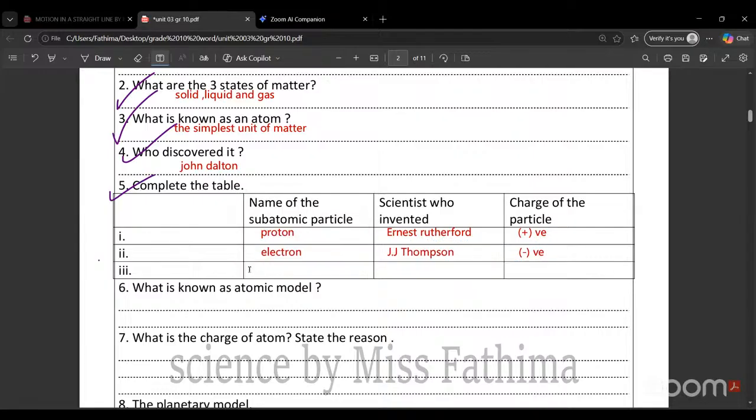Right? Then comes the neutron. Who invented it? James Chadwick. The charge is neutral charge, zero charge. Right?